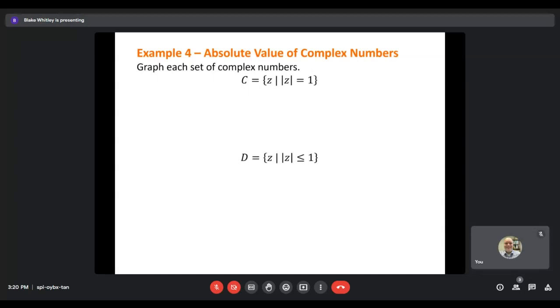All right, so now we're graphing a set of complex numbers. So we want the set of complex numbers such that the modulus of the complex number is equal to 1. Okay, and remember, we just said the modulus is like the absolute value. It's the distance away from 0. So if I sketch this, we have our real axis and our imaginary axis.